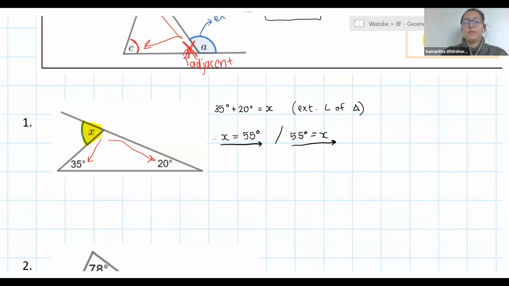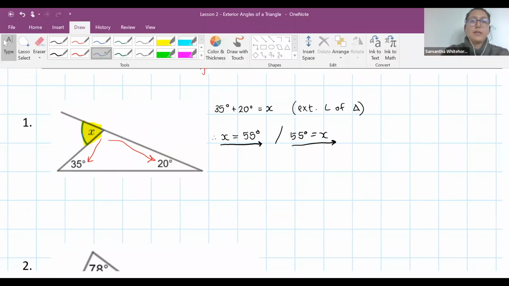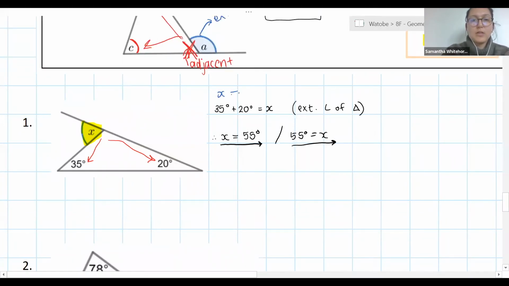And then, Miss, when you wrote it out, you put your x at the end, and when I wrote it out, I put my x in the beginning. Okay, so can I just double check? Did you write it like this? So x equals 35 plus 20. No, Miss. I said x plus 35 plus 20.